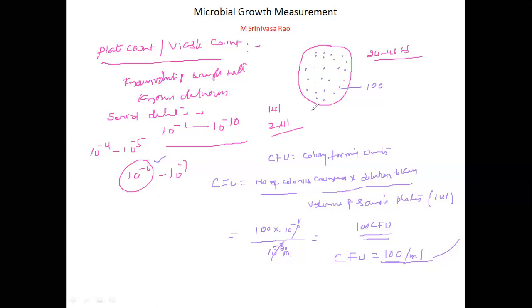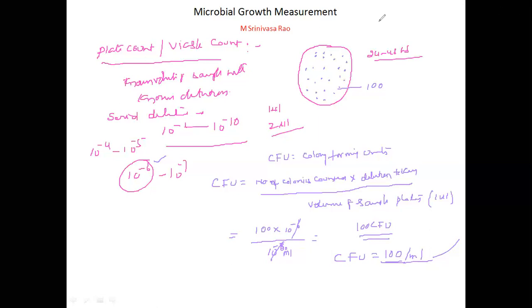So plate count or viable count clearly gives you the accurate number of living cells in a particular sample, and you can notice the growth of the microorganism. These three are the main methods which come under direct measurement of microbial growth: direct microscopic count, electronic cell counter, and plate count or viable count method.